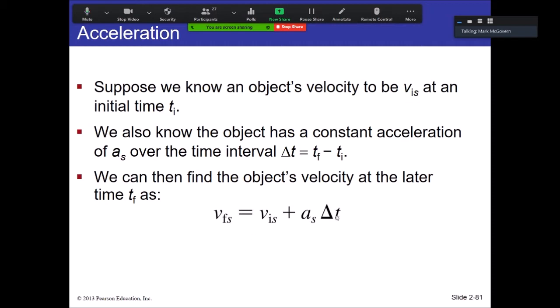That just really comes from the definition. So actually, both of our equations so far are just really based on our definitions. This Fs and Is, just to be clear what that means, this means final velocity in the s direction, whatever s is, could be x, y, whatever. It's just a generic direction. And this is initial velocity in the s direction. Okay, so that's another equation we have.